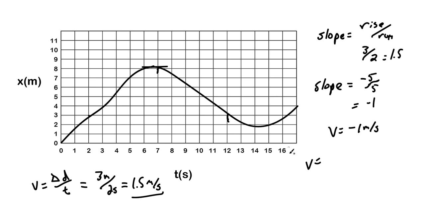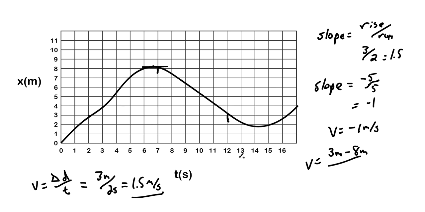So we were at 8 meters, or here, I'm doing it backwards again. So distance, delta d is final minus initial, so our final distance was 3 meters minus our initial distance of 8 meters over our time.